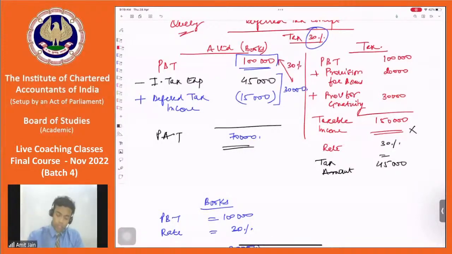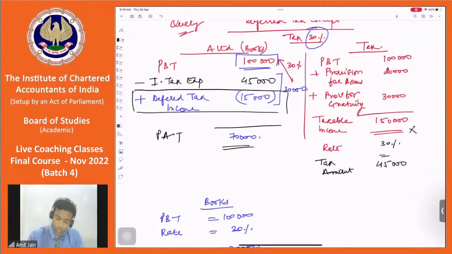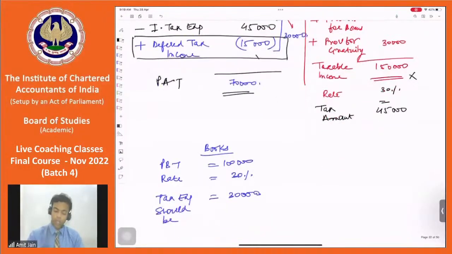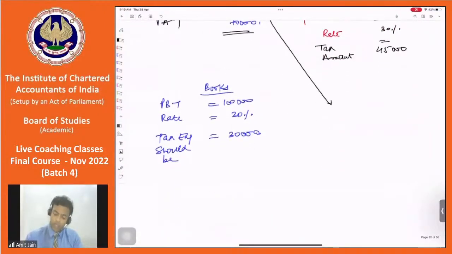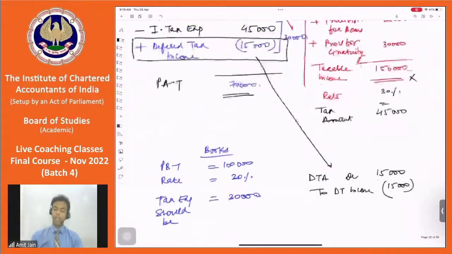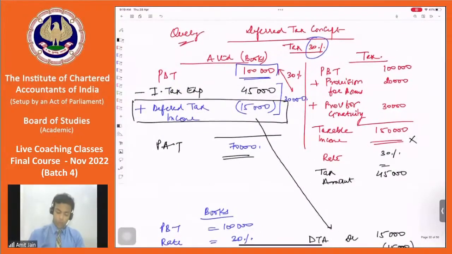This concept is called the deferred tax concept. So what is the accounting entry which I have recognized for this deferred tax? Deferred tax asset debit 15,000 to deferred tax income in P&L 15,000. So that means deferred tax is a concept to reconcile my tax as per books and my tax as per tax.